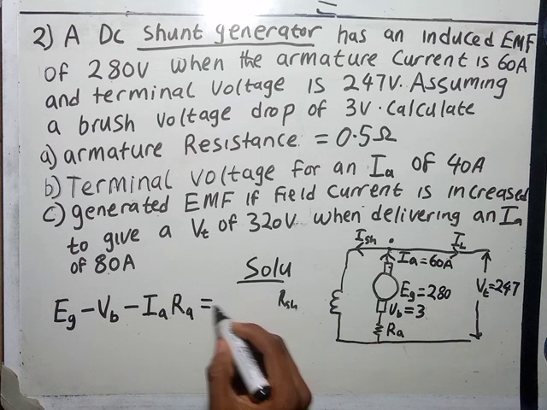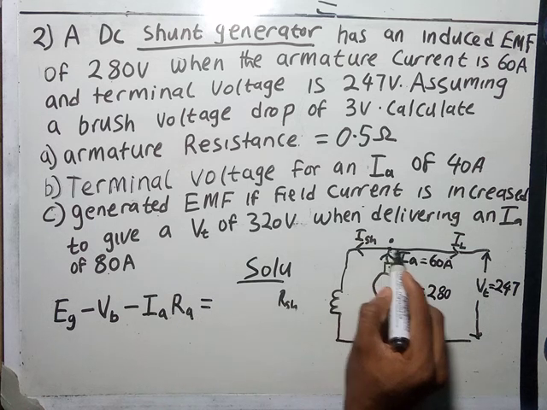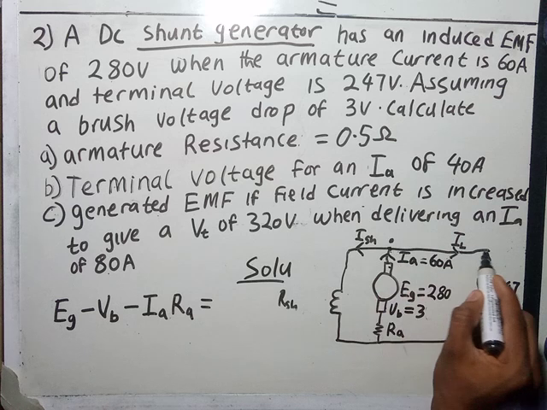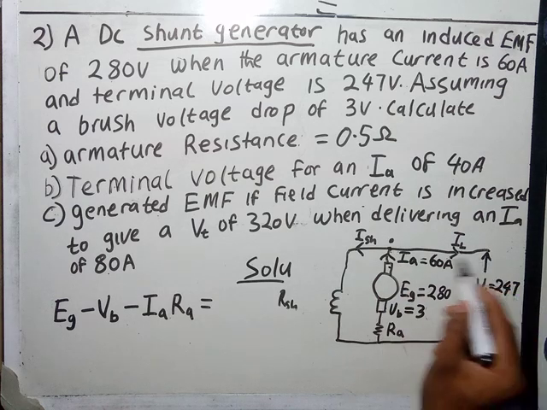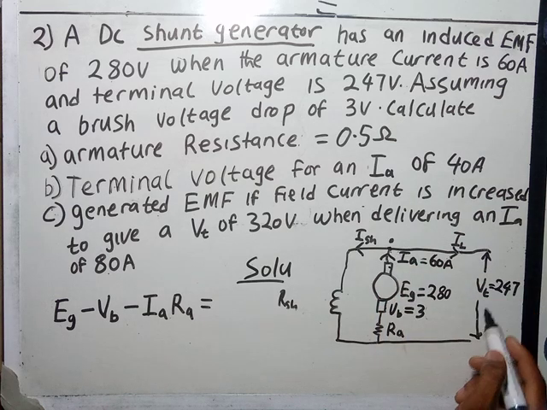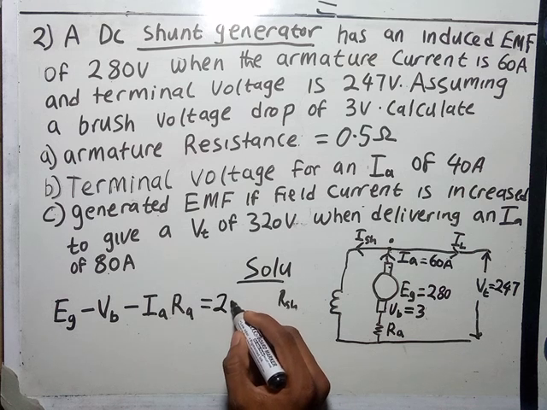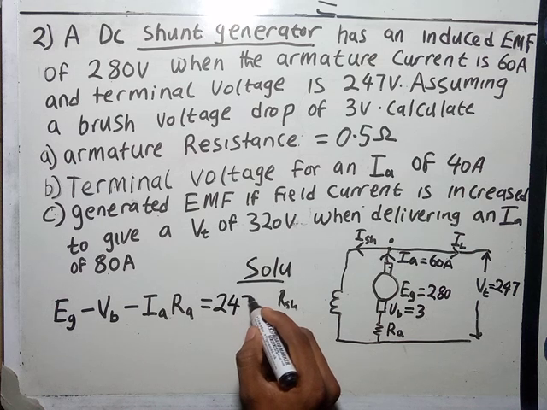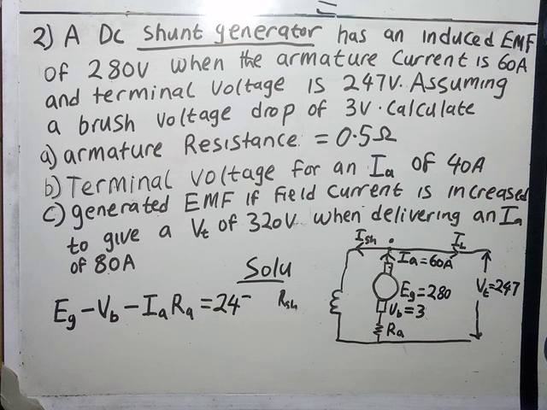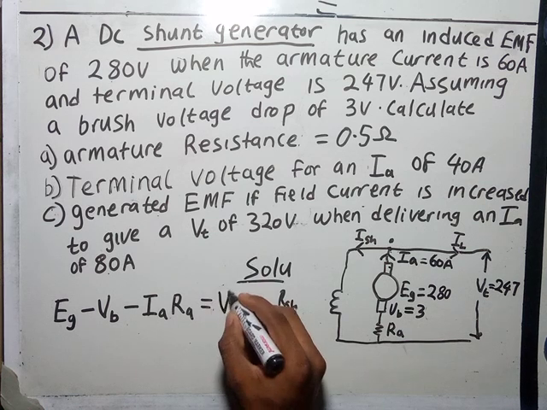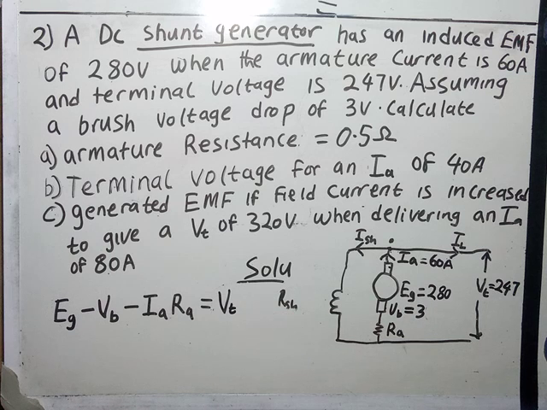All this will give us the value of voltage here, and since there is no resistance along this path, the voltage here is the voltage here, which is VT. So we'll just simply input our values to get this.